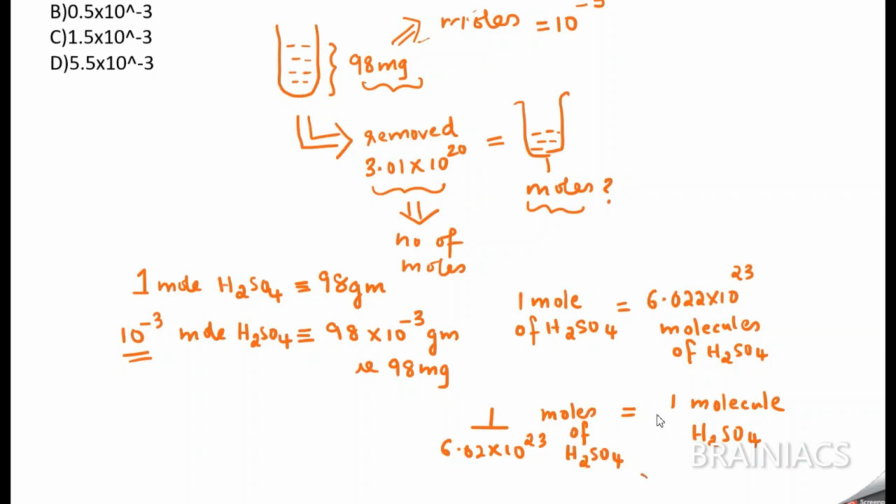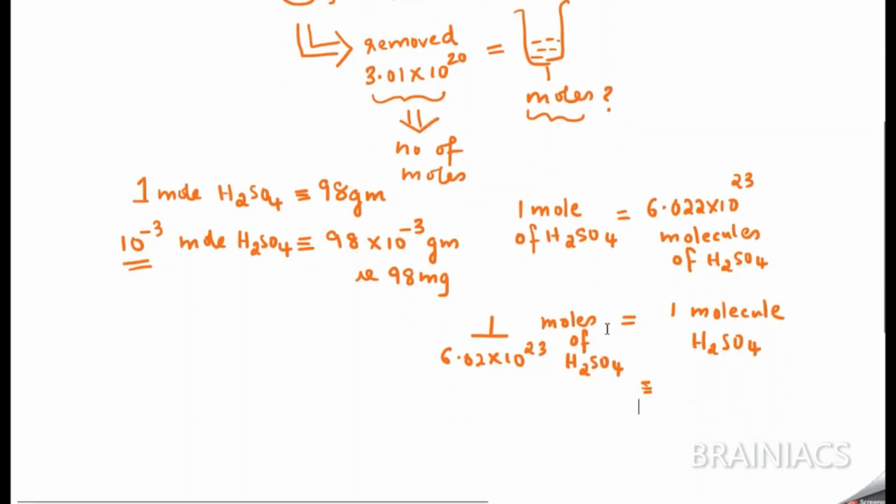Okay, now I can convert this one molecule to any particular value I need. So I want to convert this into 3.01 into 10 power 20 molecules. What should I do? I should multiply by 3 into 10 power 20. So this will become 3 into 10 power 20 molecules of H2SO4. Correct?